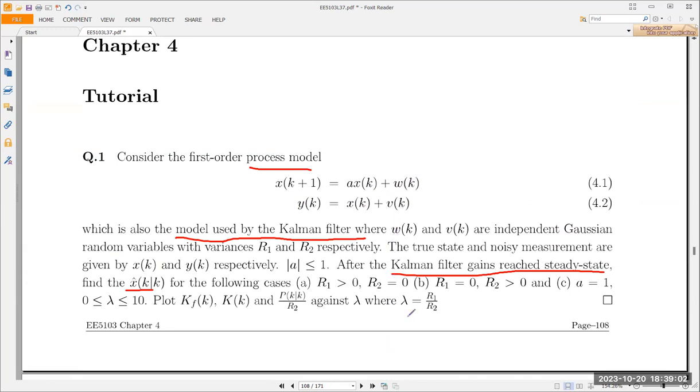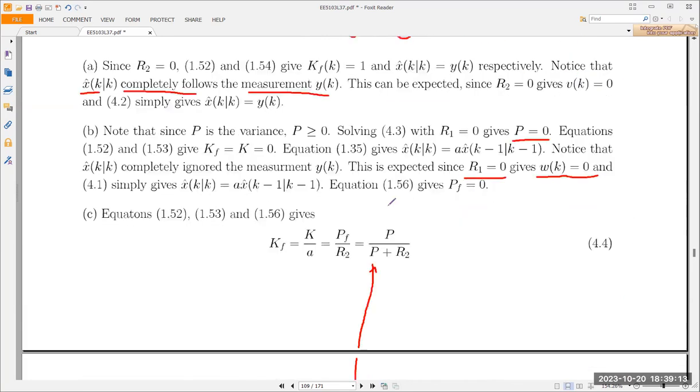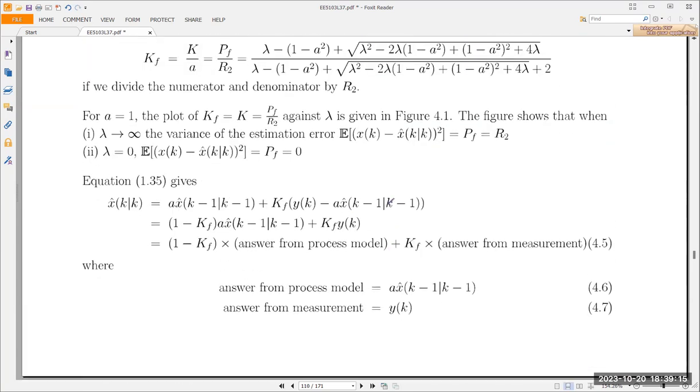So if it's infinity, it means you are not going to trust the model, you're going to trust your measurement. If that's the case, then your estimation error variance is nothing but R2.